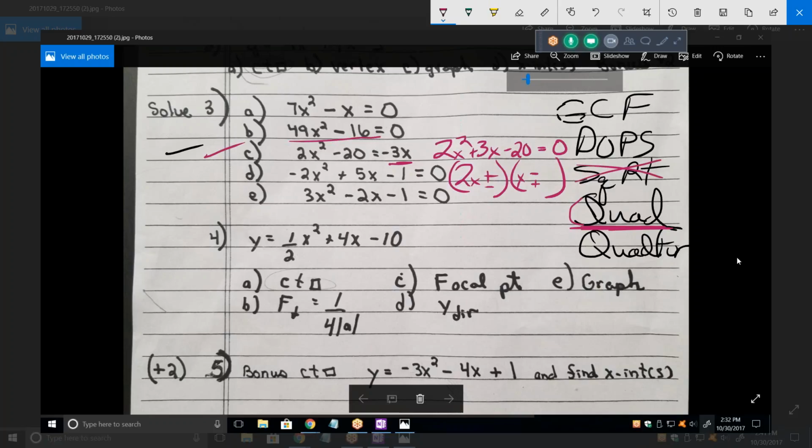Now, what's the next step? We want factors of 20. And we're going to start off experimenting with 5 and 4. It just seems like they would fit the most.